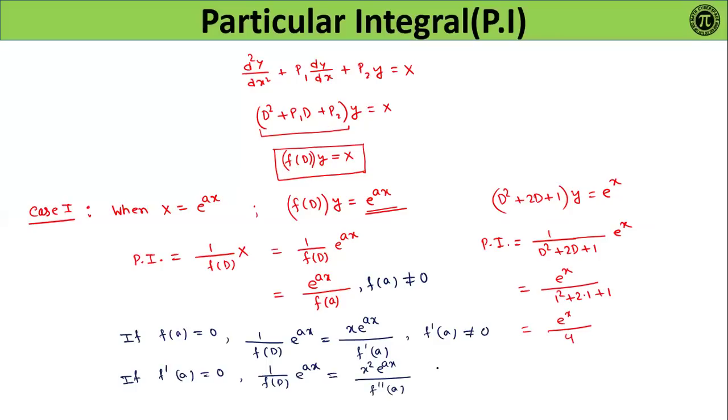Yeah, this is the process. Similarly, if f double dash a equals 0, then again you have to multiply by x and derive again. This is the process.